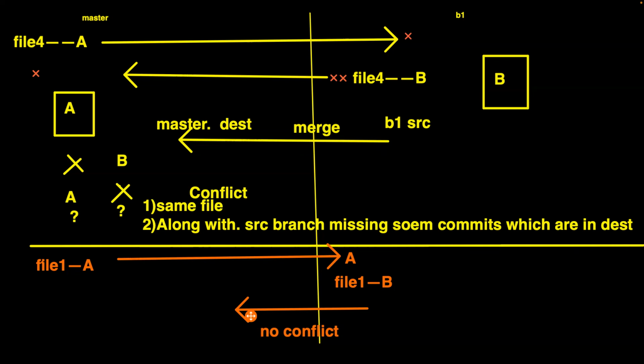Try the second use case from your end. Can you try doing it? Take file 1. Whatever commits are on file 1 are the same in both branches. So edit file 1 and try to merge. Will you get a conflict? It is also the same file. Means it's not the same file alone; same file along with the source branch missing some commits, then you get a conflict.